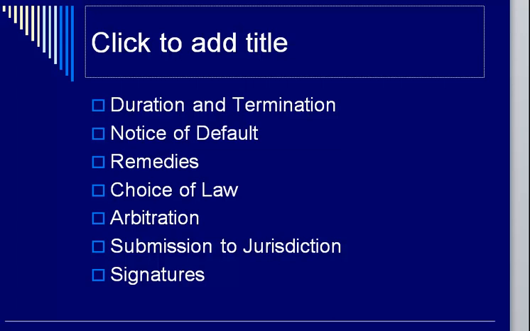Choice of law. This is one of my favorite clauses. It's an opportunity to ask the court to use a different state law as a backdrop for the contract dispute.